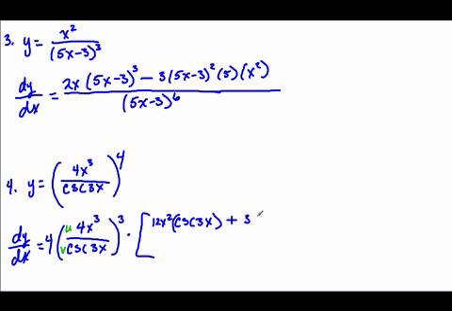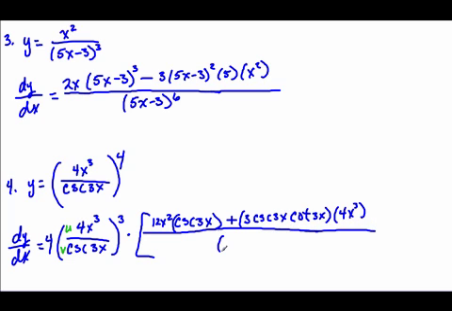So 3 cosecant 3x cotangent 3x, okay, times the u, don't forget the u, remember it's v prime u, so that would be 4x cubed all over cosecant 3x squared.